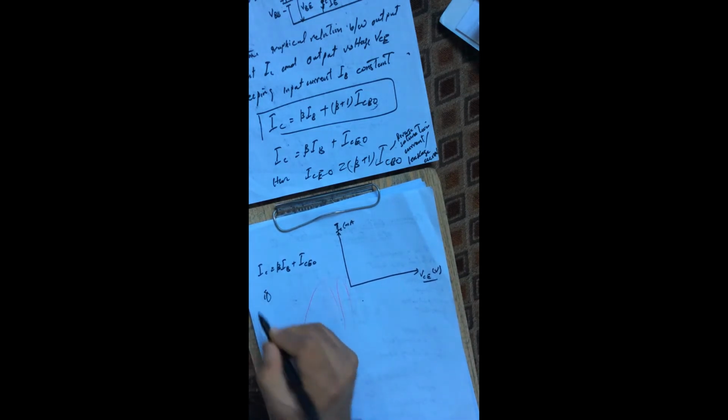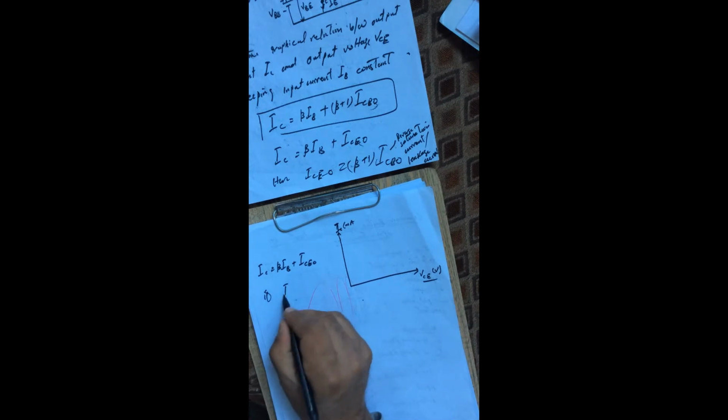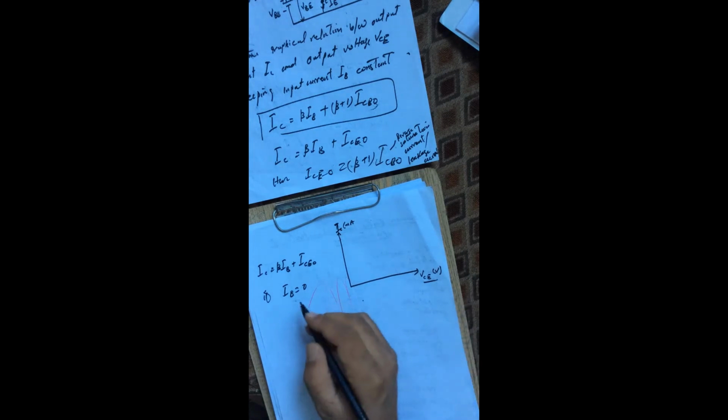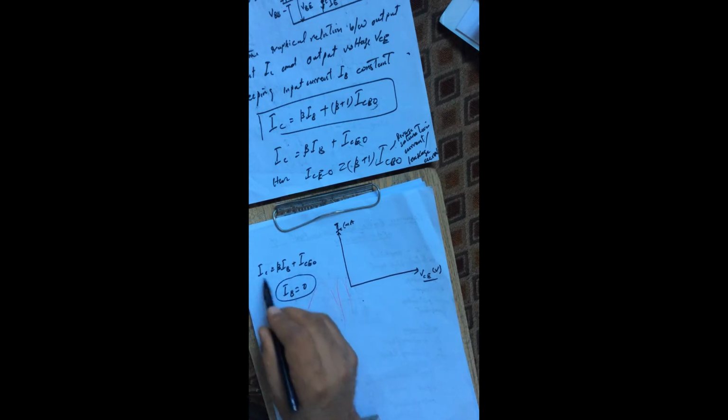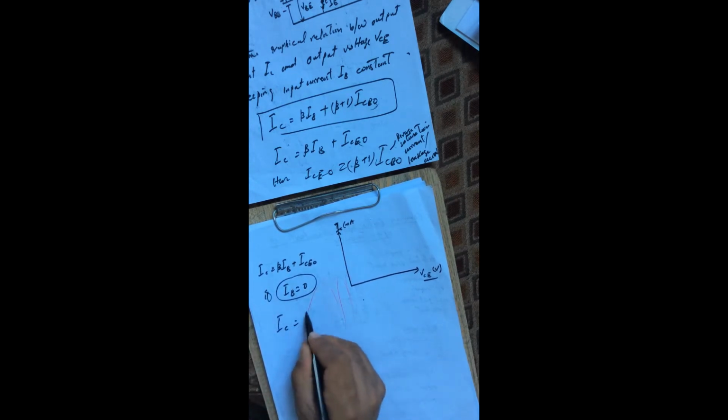Now take the input current IB equal to 0, like we start from 0 and then increase the input current, let's say from 0 to 15 microamperes and so on. Then what will be the situation? If IB is equal to 0, then from this equation IC is equal to ICEO.